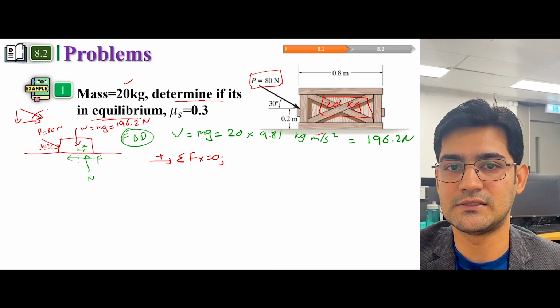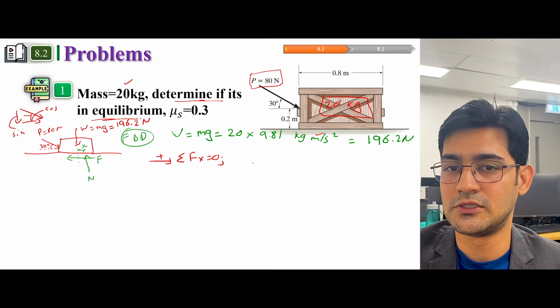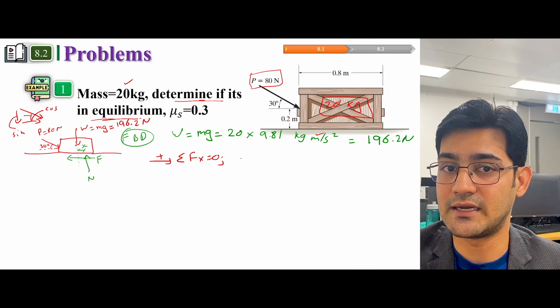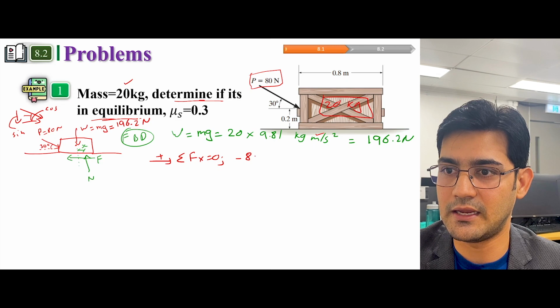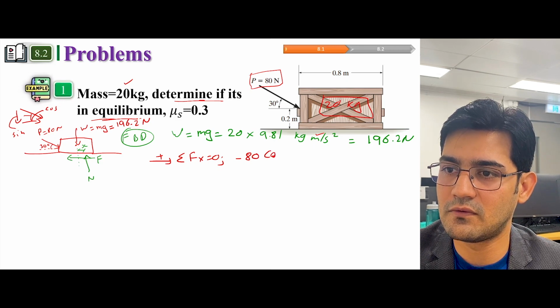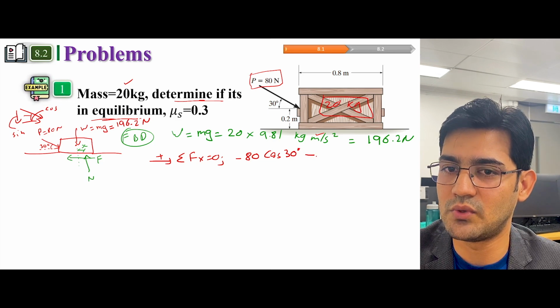This is theta, 30 degrees, so this would be cos, and this would be sine. Since it's a horizontal load, and that horizontal load is acting downward, so minus 80 cos of 30 degrees minus which other force?